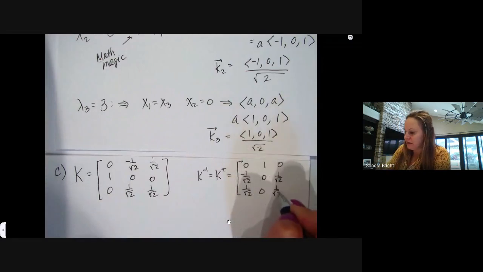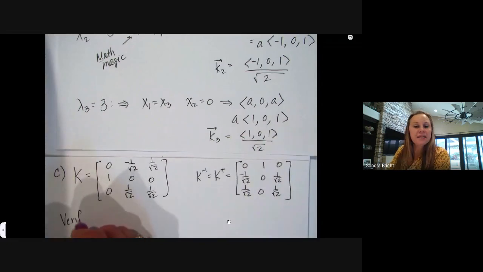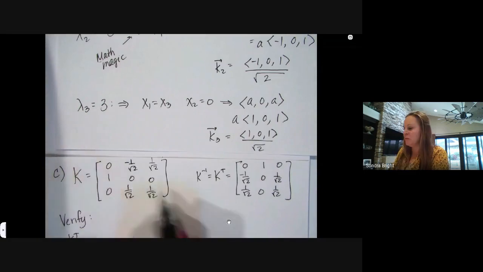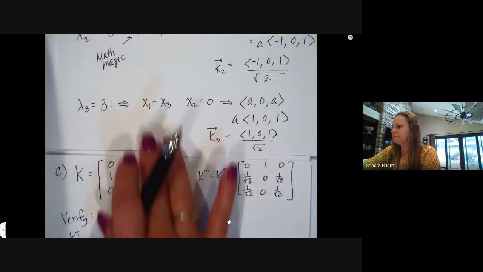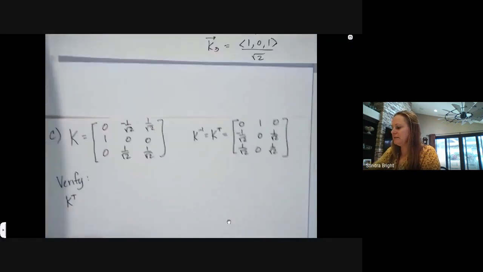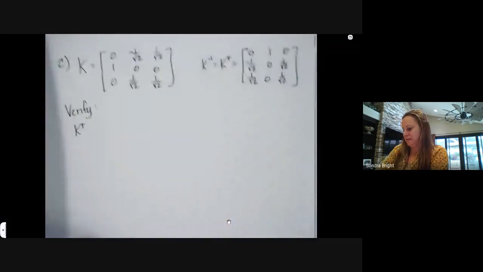And let's verify that K transpose truly is the inverse. We want to make sure that we didn't make some type of typo, because if you make a typo and make a mistake somewhere and you claim this, then it's not true.